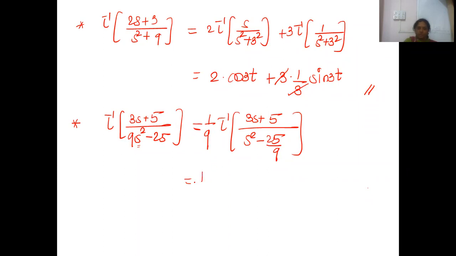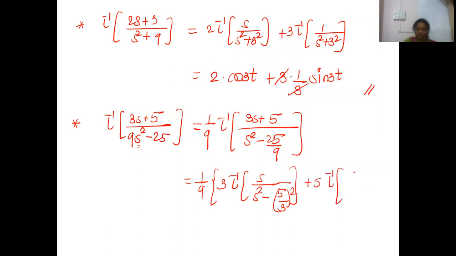Now we can separate easily by linearity. 3 comes out: Laplace inverse of s upon s square minus the square of 5 by 3, then plus 5 times Laplace inverse of 1 upon s square minus 5 by 3 square.